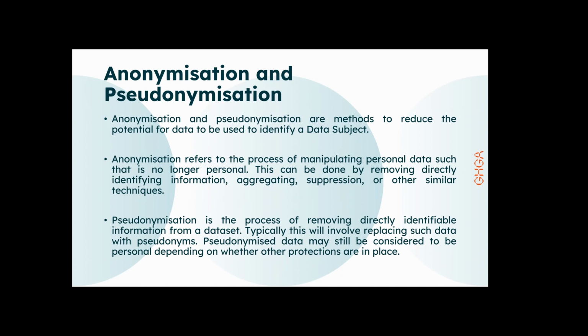But if we keep a file where we have that person's name and their sample ID without any protections in place, then it's not that unreasonable to think that someone who is motivated could access that data and therefore work out who those people are that we've replaced with sample IDs. And so we really need to think about all the protections that we have in place and what's reasonably likely to occur as to whether we can think of pseudonymized data as being personal or non-personal.